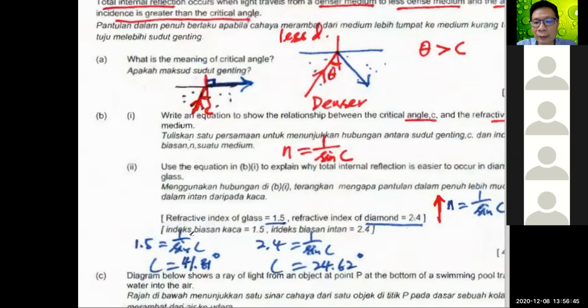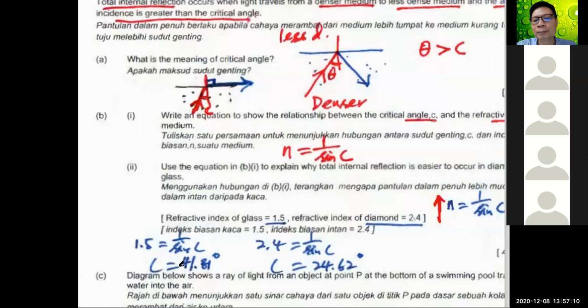Then you calculate the critical angle. For glass, 41.81, 42 degrees. Whereas for diamond, when you calculate that, you get the critical angle is only 24 degrees. Diamond critical angle is only 24. Glass critical angle is 41.